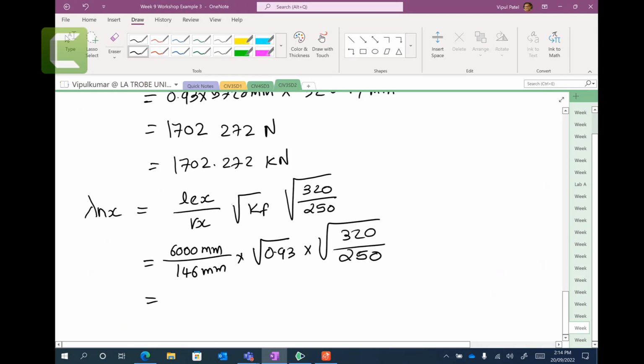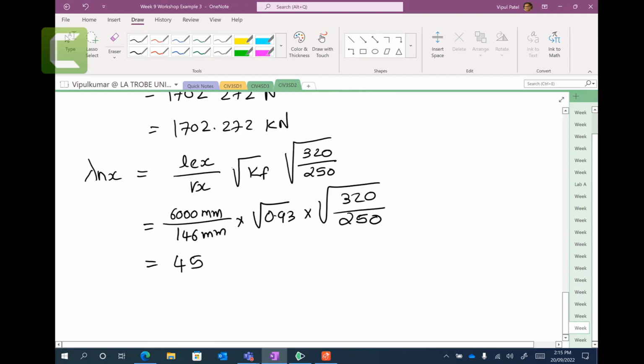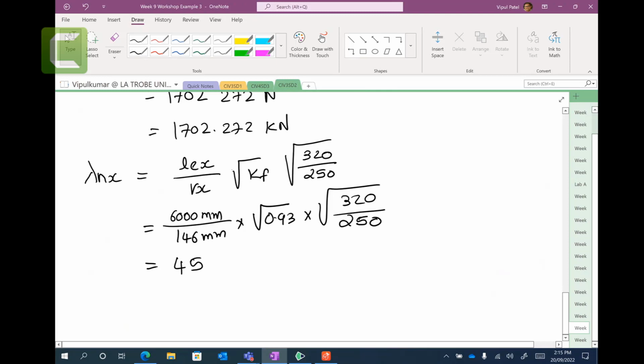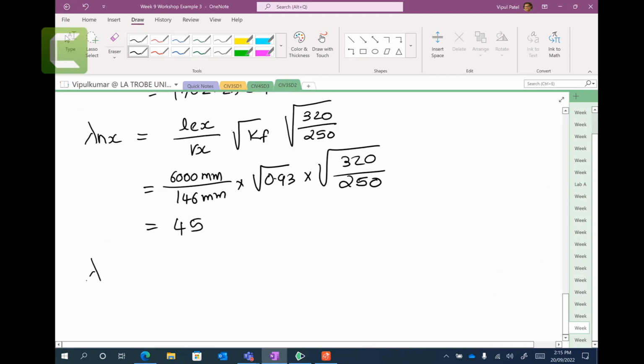You get lambda nx value 45. If the same length, we go for small or big radius of gyration? If there is the same length, smaller radius of gyration, right? But here we don't have the same length, so the smaller radius of gyration will not help us.